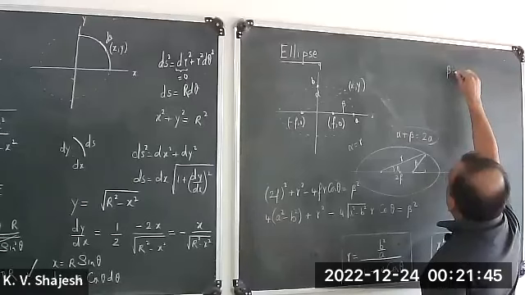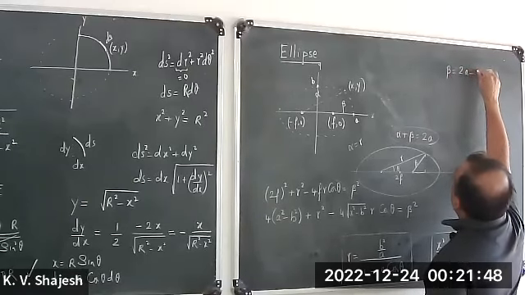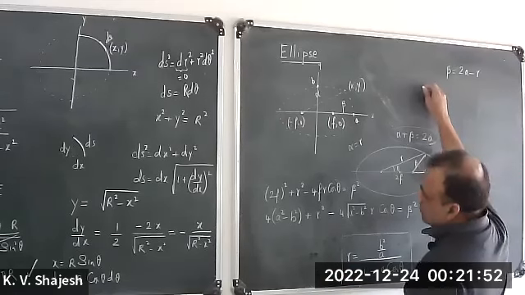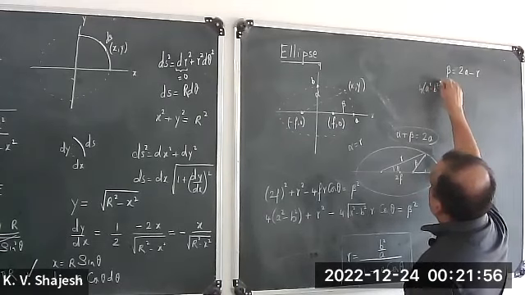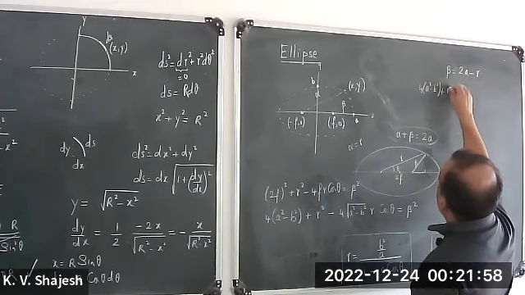So just write beta from that equation. Beta is equal to 2a minus alpha, or r. So beta is equal to 2a minus r. Now square it. So beta square is 4 times a square minus b square plus r square.